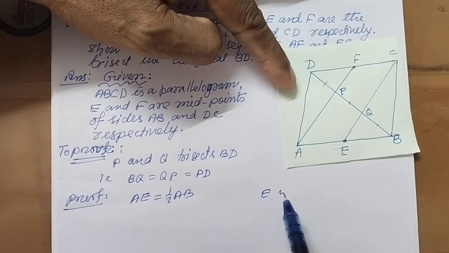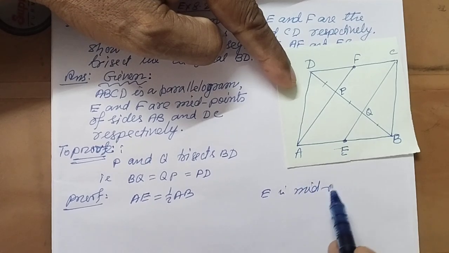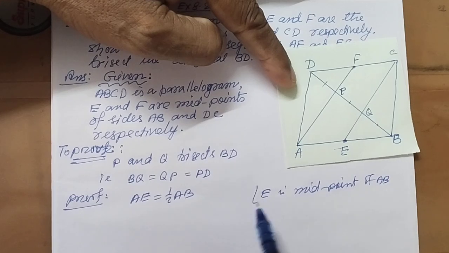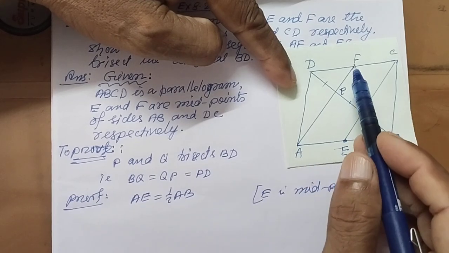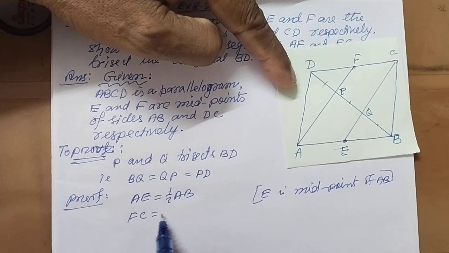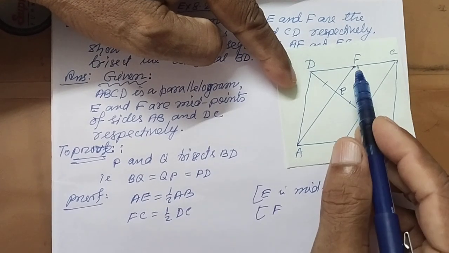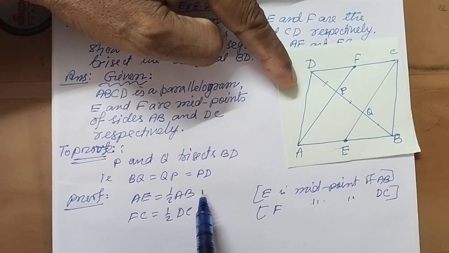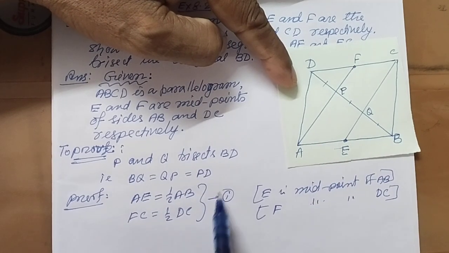Similarly, FC is half of DC. Same reason, F is midpoint of DC. So from here I can mark this equation once.